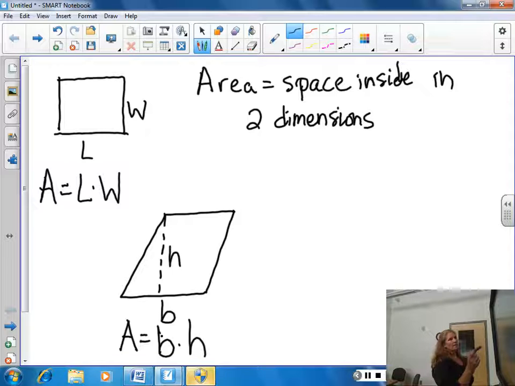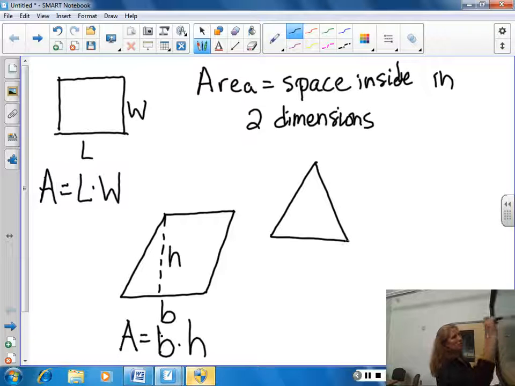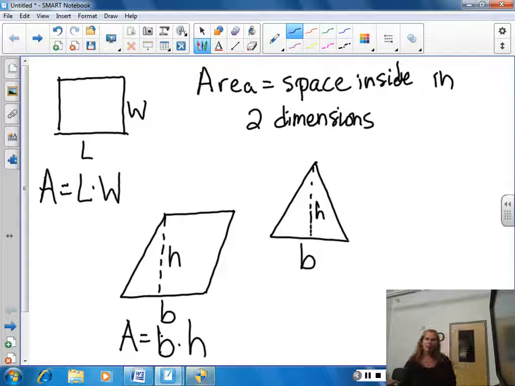If I have a triangle, remember in a triangle we also have the dotted line, height, and we also have the base. Now the triangle formula would be nice if we'd already had fractions, because a lot of times people say 1/2 times base times height, and we haven't dealt with fractions, so we're going to write the formula where we don't need to use a fraction.